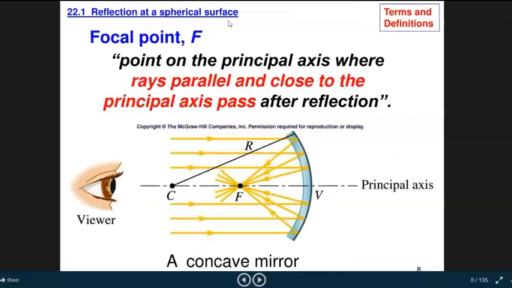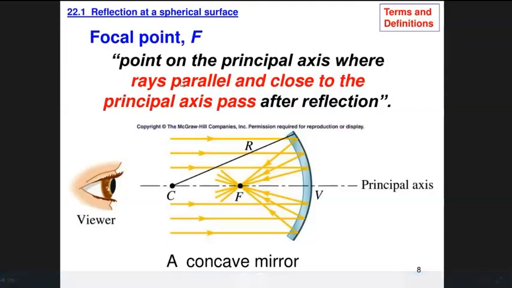Now come to the point, focal point. What do you mean by focal point? A point on the principal axis where rays parallel and close to the principal axis pass after reflection is called the focal point. Once again, remember, focus or focal point is the same thing.